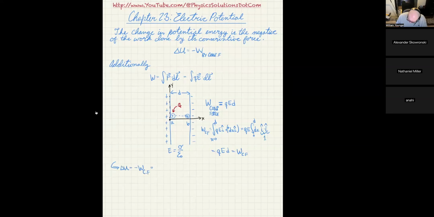So if you look at this, this would be negative Q times E times D, and that means U final minus U initial is equal to negative Q times E times D. And because we're allowed to put the zero of potential energy anywhere we want, we could say that this is equal to a 0 as the final potential energy minus a Q times E times D, and I'll put that in parentheses. You'll see why in a second.